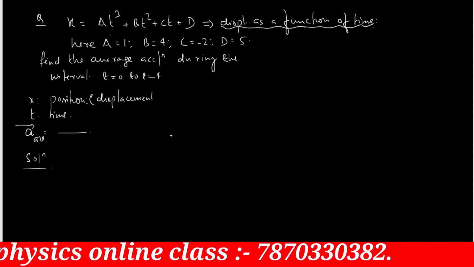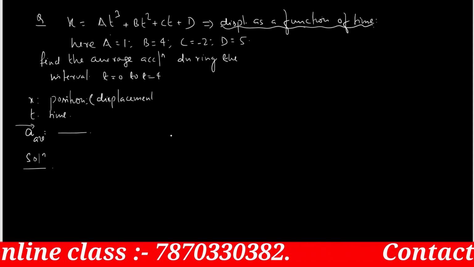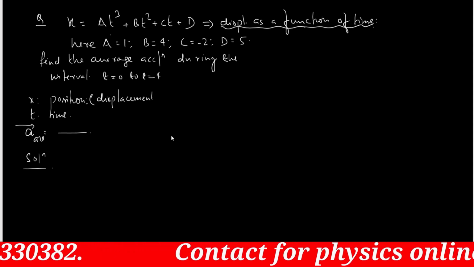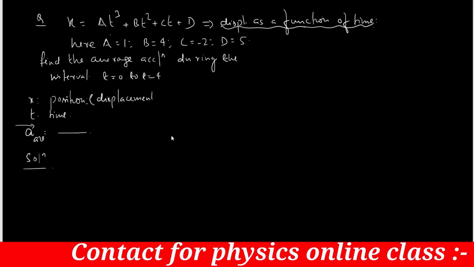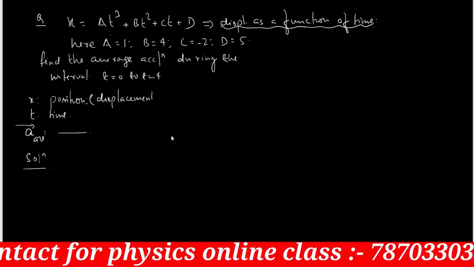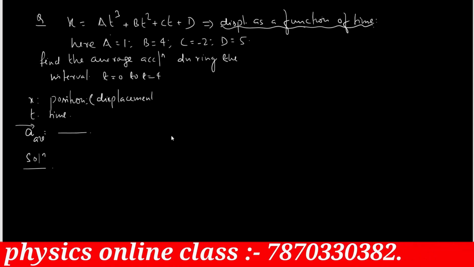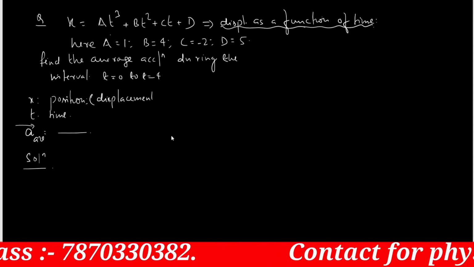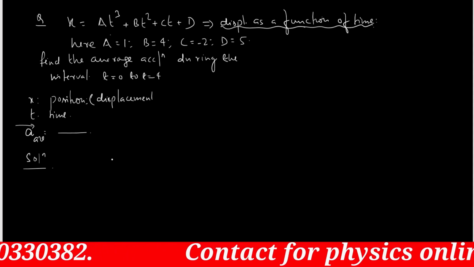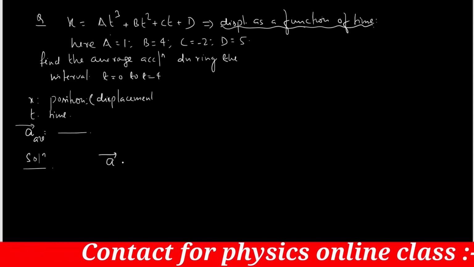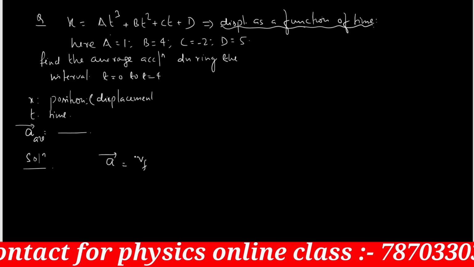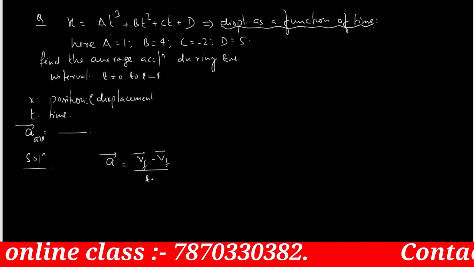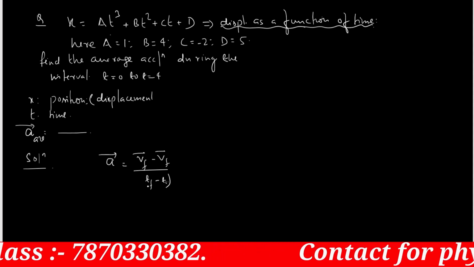Then I found the final and initial velocity. The final velocity is dx by dt with t equal to 4, which gives 78. For initial velocity, with t equal to 0, you get minus 2. So the average acceleration is final velocity minus initial velocity over final time minus initial time. So 78 minus minus 2, which is plus 2, so 80 over 4 minus 0, which is 4. So 80 over 4 is 20.